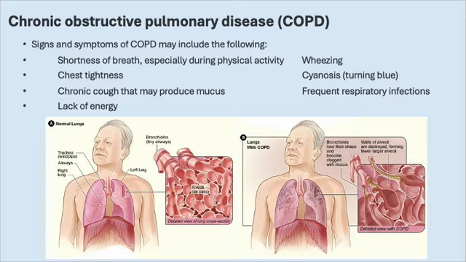Now, COPD, if it's occurring long term, can also lead to right-sided heart failure and foot edema, swelling. Because the lung tissue is damaged, the blood vessels in the lungs constrict, and this forces the right side of the heart to work a lot harder to send blood to the lungs. So now we're seeing this connection between systems, right?